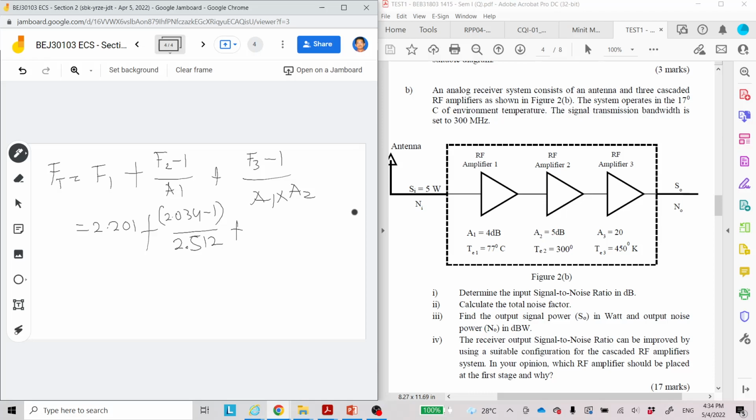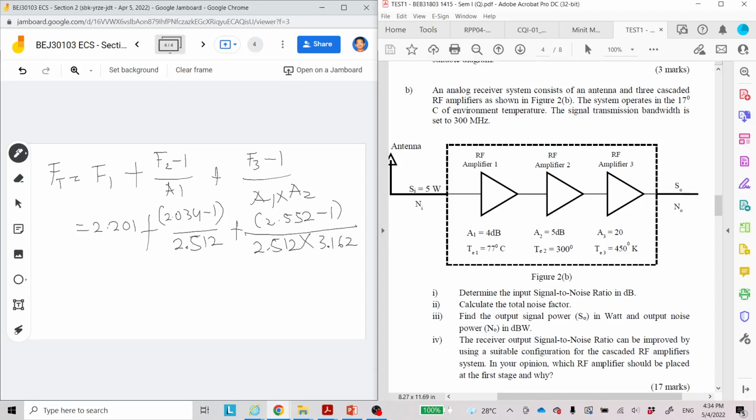Plus F3 minus 1, which is 2.552 minus 1, divided with A1, which is 2.512, the anti-log of 4 dB, multiplied with the anti-log of 5 dB. Anti-log of 5 dB you'll get 3.162.